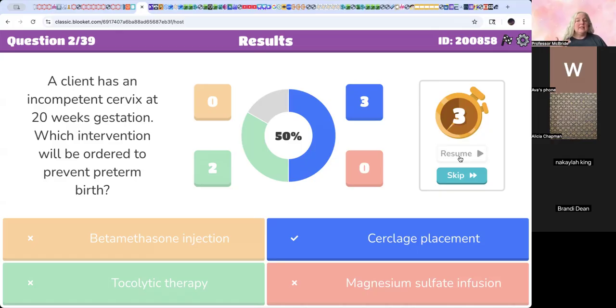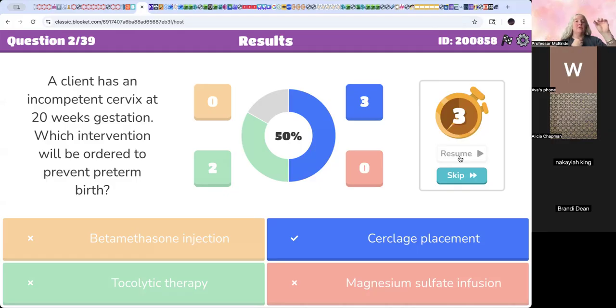And so at 20 weeks, this baby's not going to survive. We need to try to keep the cervix closed, and that's where we can do a cerclage. Does anybody know what a cerclage is? They stitch it shut. Yeah, they stitch it shut.